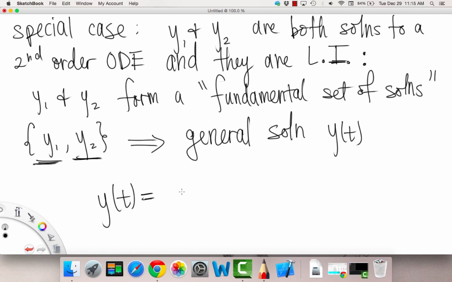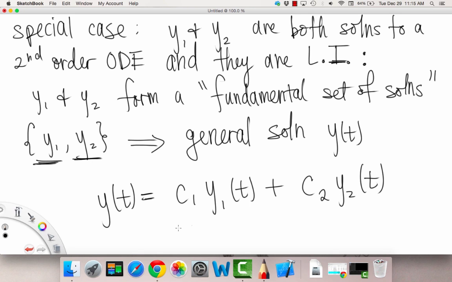This is like saying c1 times y sub 1 of t plus c2 times y sub 2 of t. This is what's called a linear combination, because we multiplied each by a constant and then added them together.